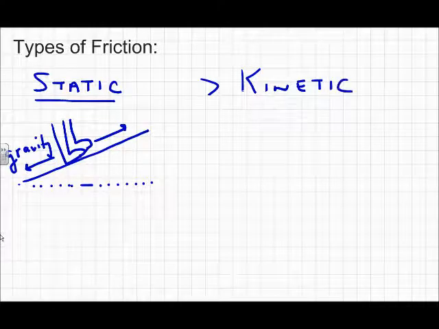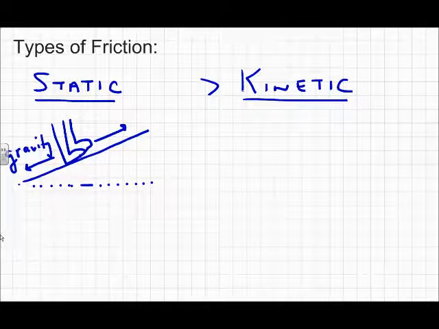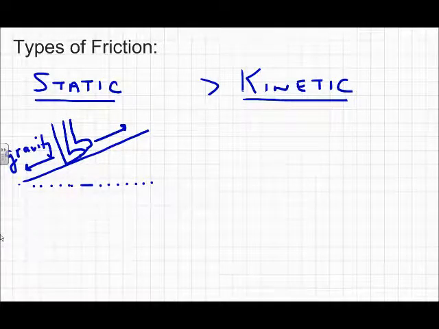Not always, but for most of the situations we will look at in class, static friction is stronger than kinetic. Well, what does that mean? That's why when you're starting to move a car or a heavy object, you need more force to start it moving, to get over those forces that give you that grip and lock you in place.